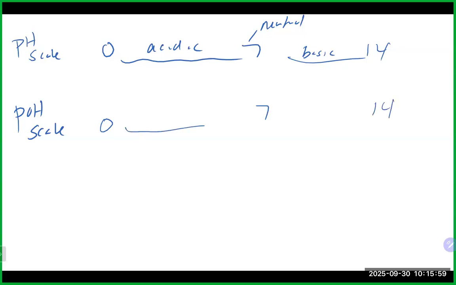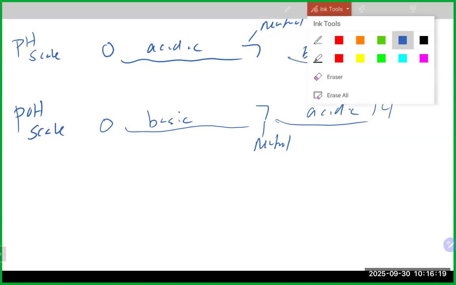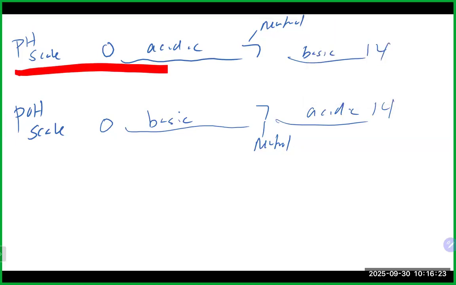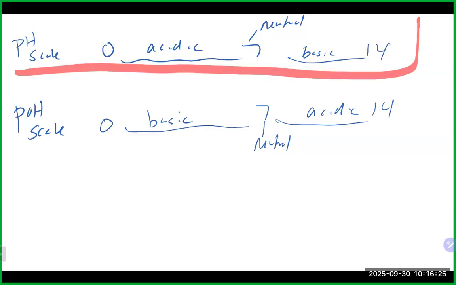Less than 7 is going to be basic, greater than 7 is going to be acidic, and neutral is going to be 7 in this case. So if you have a low pH, you will have a high pOH and vice versa. My recommendation is I wouldn't even worry about the pOH scale and just focus on the pH scale, which is what most people have in their head.